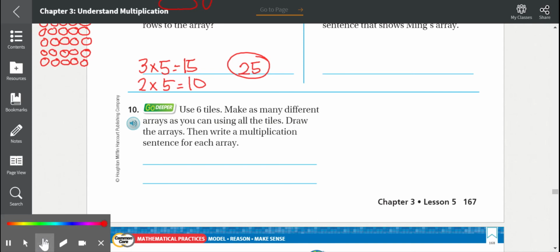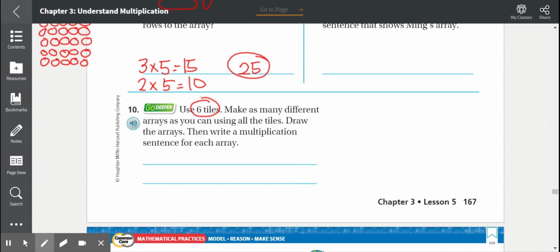Okay, let's do this next one. Number 10 says, use 6 tiles. Make as many different arrays as you can using all the tiles. Okay. So I'm going to just kind of give you these.